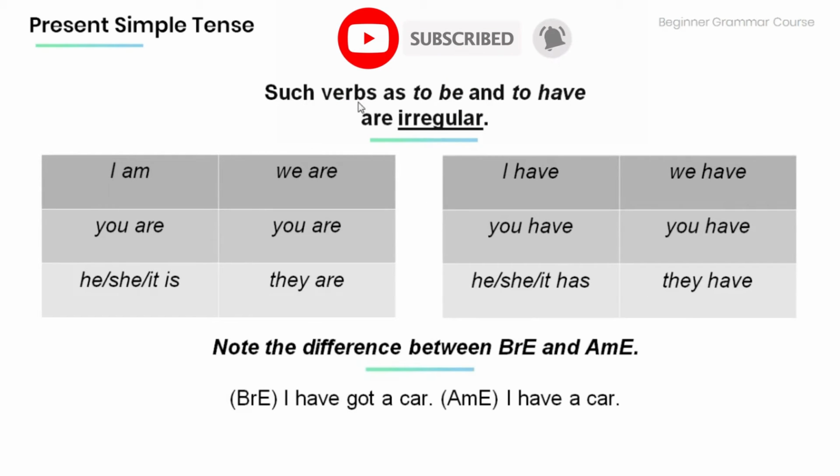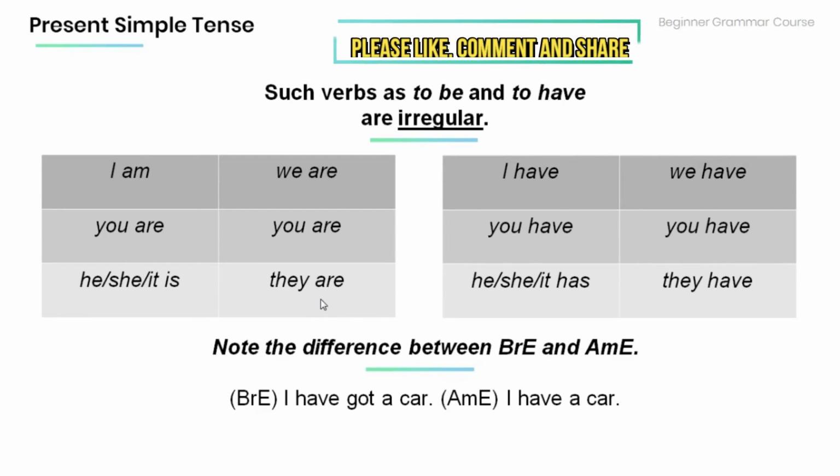Remember that such verbs as to be and to have are irregular. Have a look at the table below. I am, we are, you are, you are, he, she, it, is, they are.